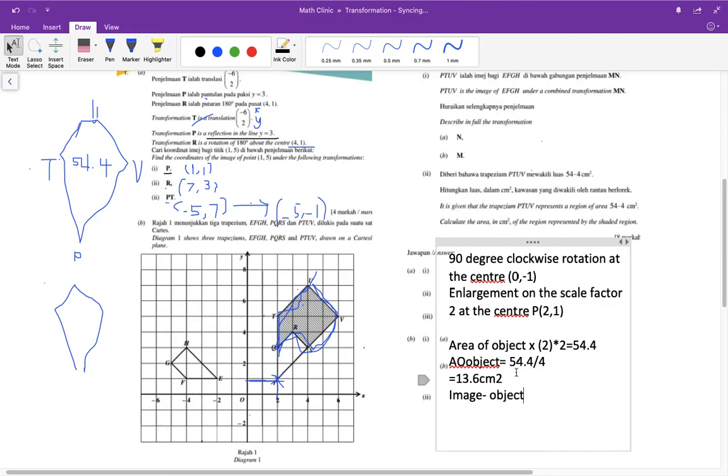So it equals to 54.4, which is the large trapezium, and then the small one, the object, is 13.6. So you just use 54.4 and then minus 13.6. So you will get the answer. So where's my calculator again? So it's 40.8.